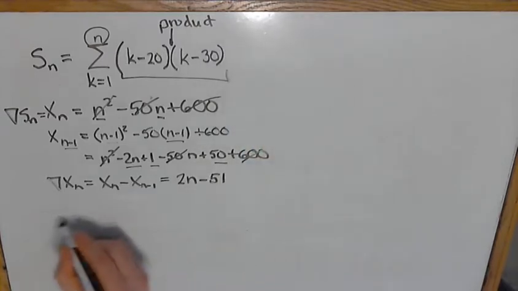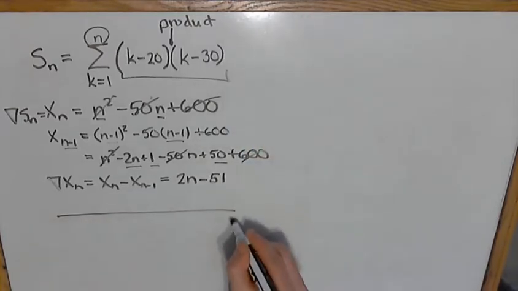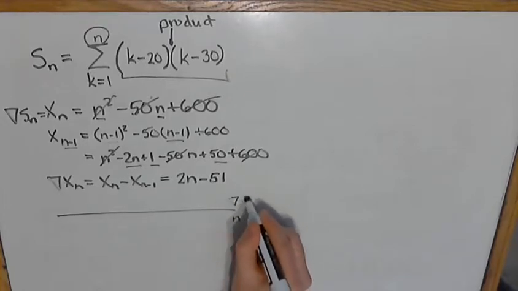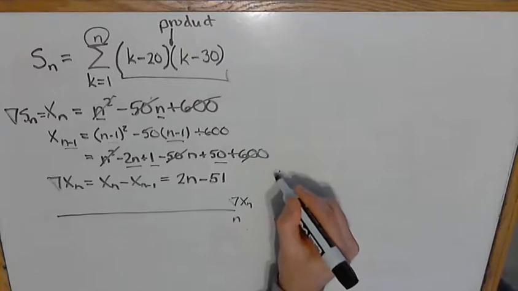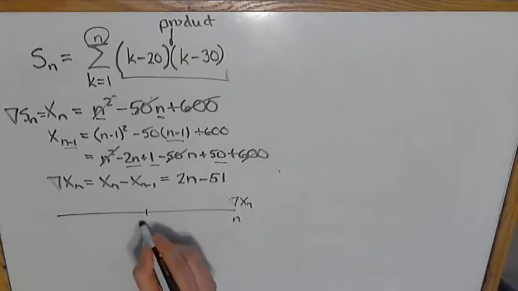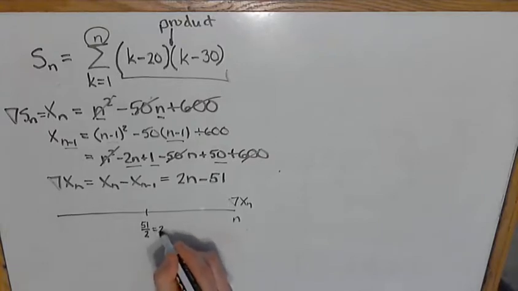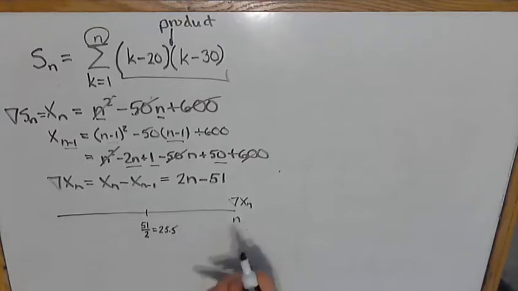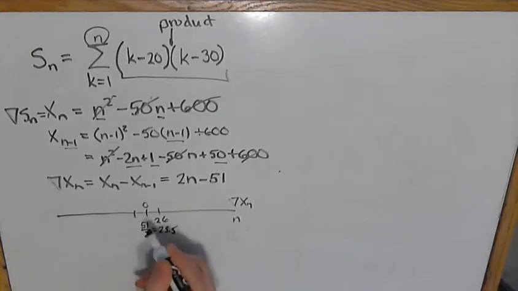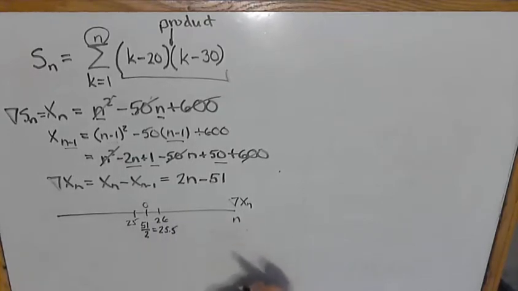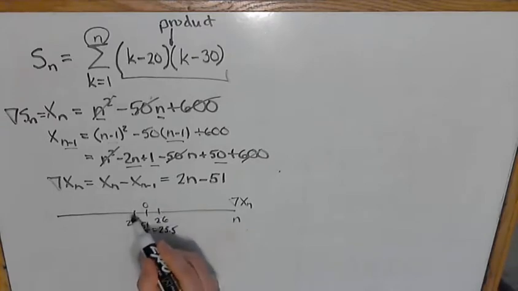And I can do sign analysis. Here's my index, the increments of my increments. This is equal to 0 when n equals 51 over 2, which is the same as 25.5. And so the first index is 26 above and 25 below.